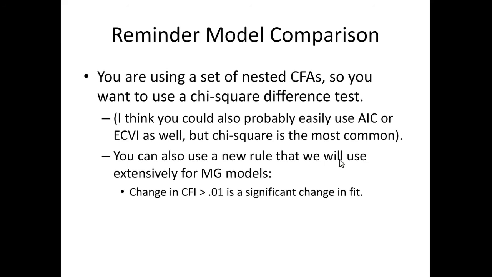You could use AIC and ECVI, but it might be a little too sensitive because there aren't really cutoff rules for those, but definitely chi-square is the most commonly used. Or we can use our rule that we're going to talk about a lot for multi-group models, which is a change in CFI. And a 0.01 change is a significant change in fit. So when we get to examples for MTMM, we'll try both the chi-square difference test and the CFI, to see if they agree, because sometimes they don't.